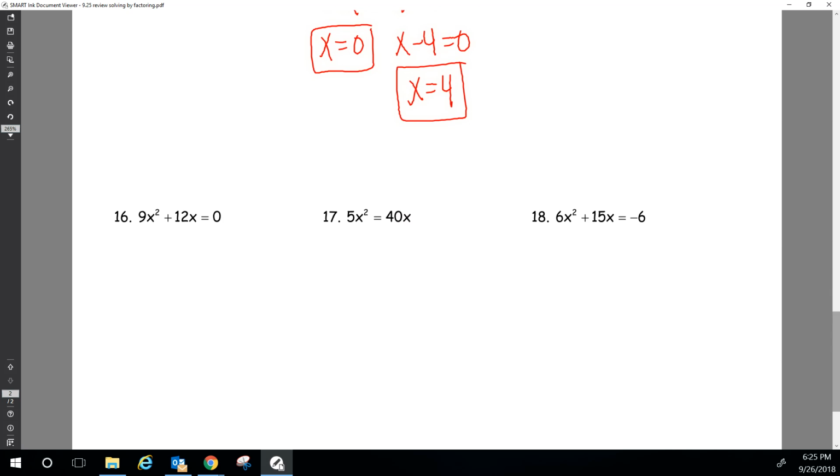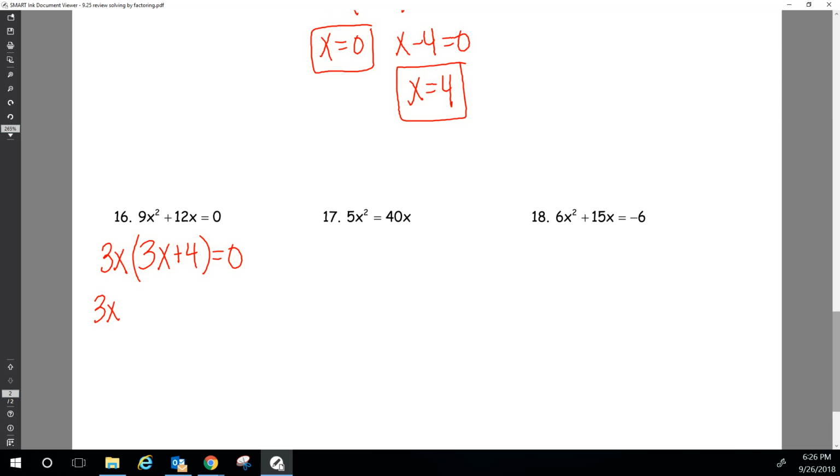Let me do one more good one. How about number 16? What's common to both of these guys would be a 3 and an x. And when I take out that 3x, 9 divided by 3 would be 3. I took out 1x. I still have 1x left over in there. 12 divided by 3 would be 4, and I took the x out.